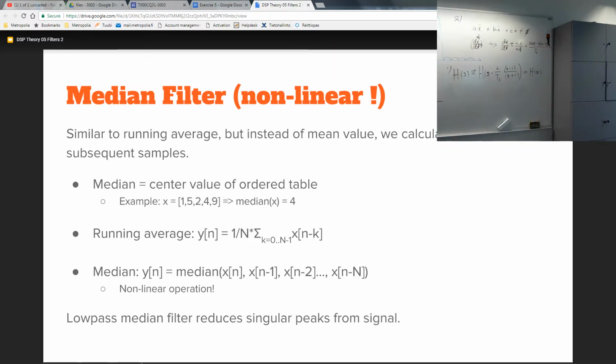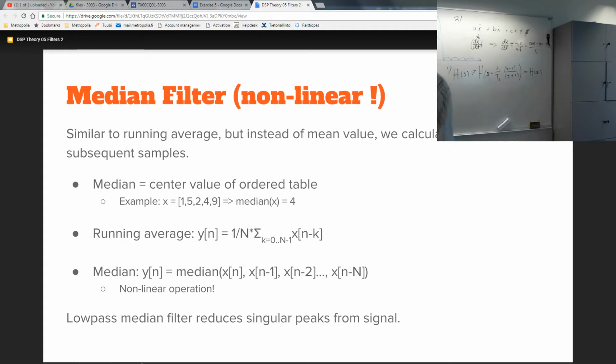Okay, good example. So you calculate basically the center value of some region here and replace the rest of the signal with that one. So the median filter basically is some sort of low pass filter, very nonlinear. The good thing about the median filter, and the reason why it's used so widely, is that if you have a sudden peak there, it disappears.